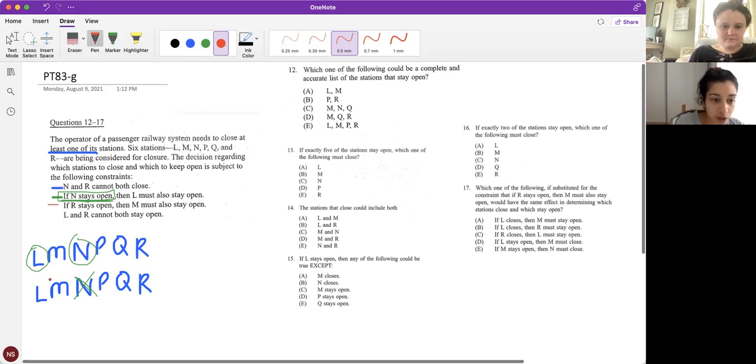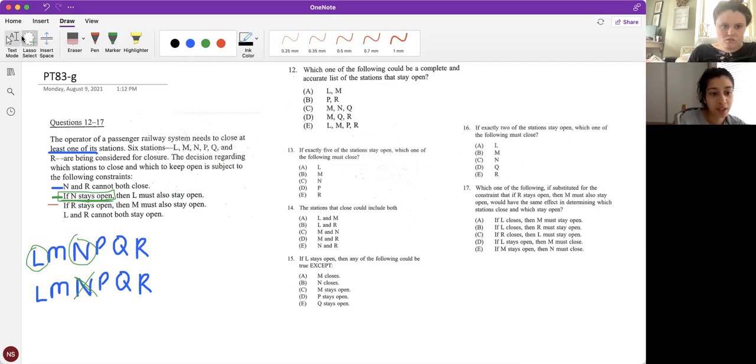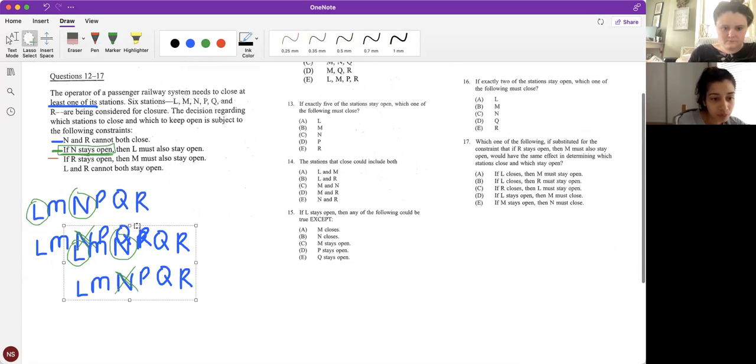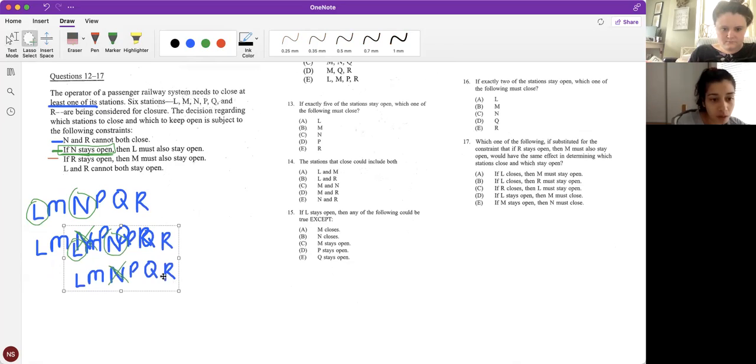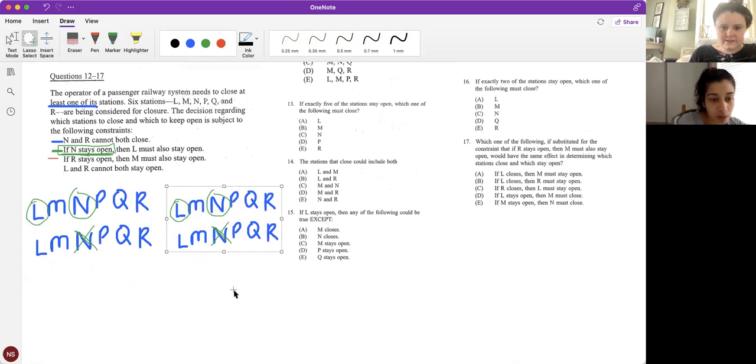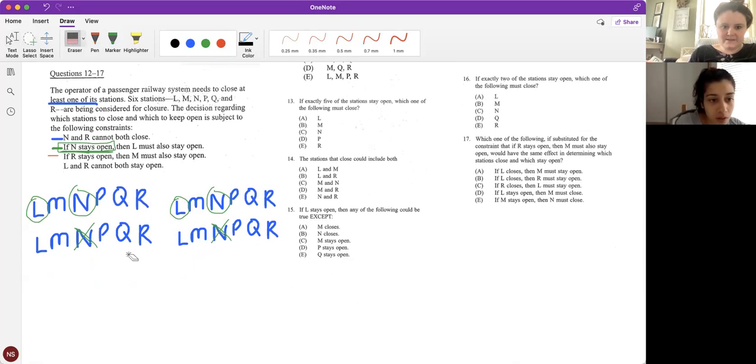Okay. So if R stays open, M must also stay open. So we repeat the entire 2 sets. Excellent. So what are we going to do when we repeat the entire 2 sets?